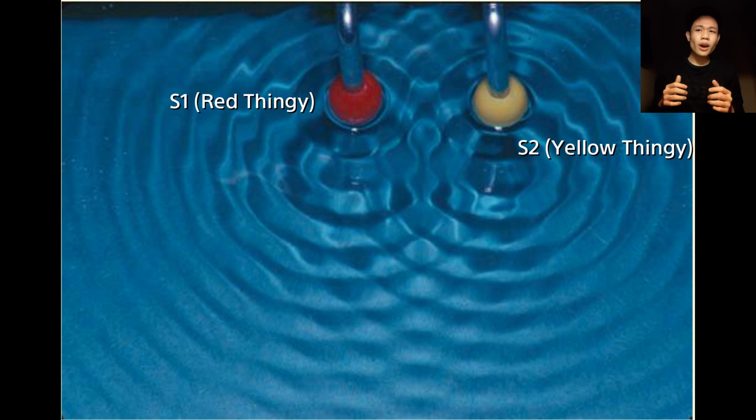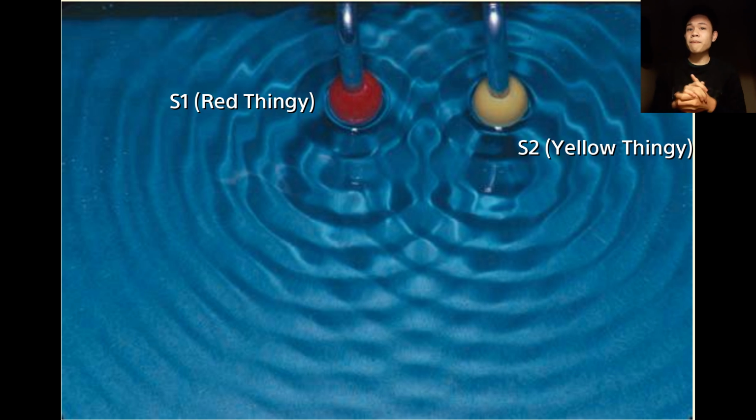At points where a crest and a trough arrive together, they cancel each other out, if their amplitudes are equal, of course. The waves are exactly out of phase because they have traveled different distances from S1, the red one, and S2, the yellow one, and the water is undisturbed.